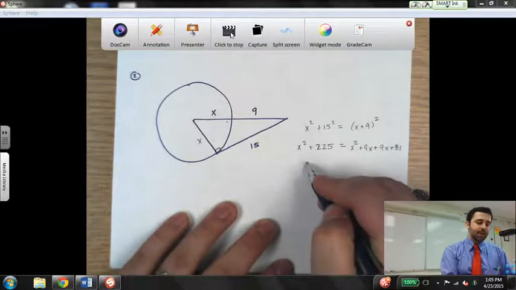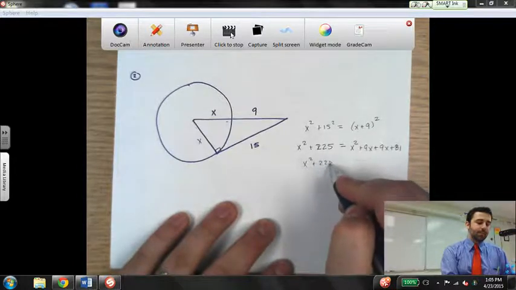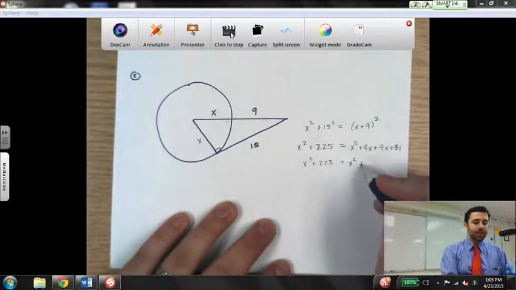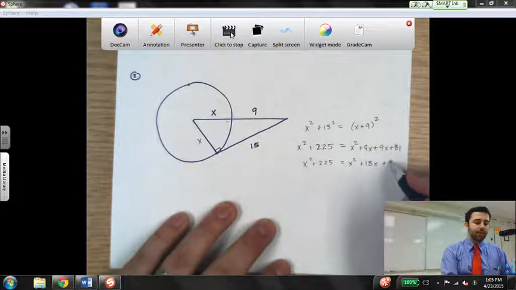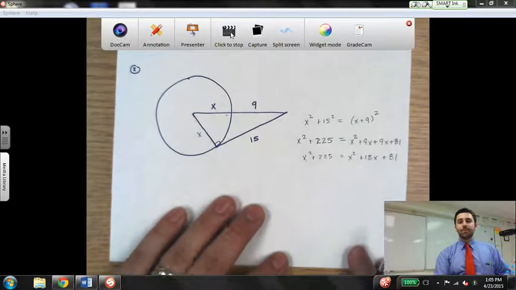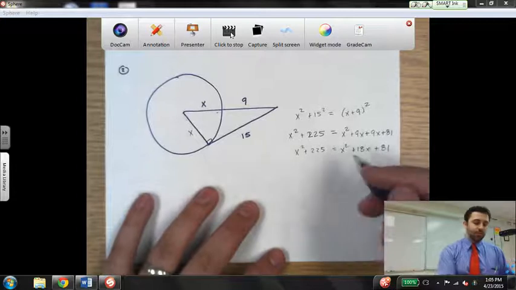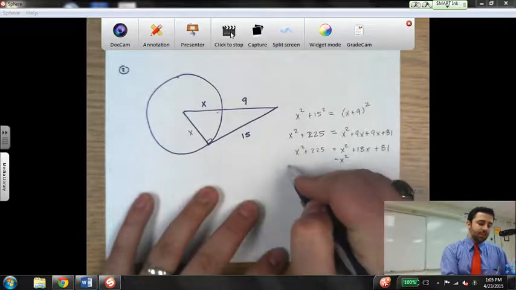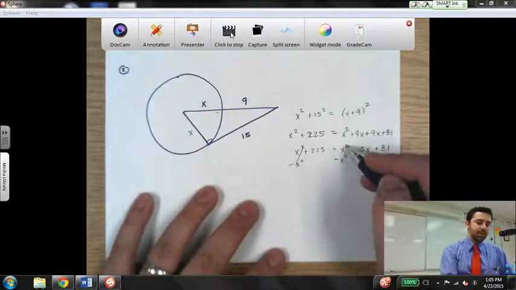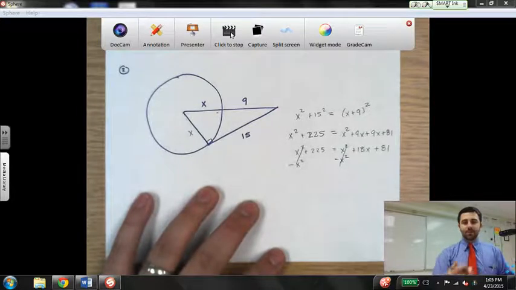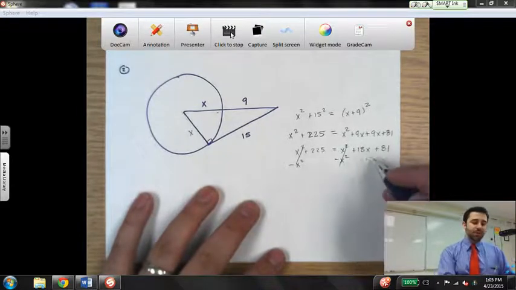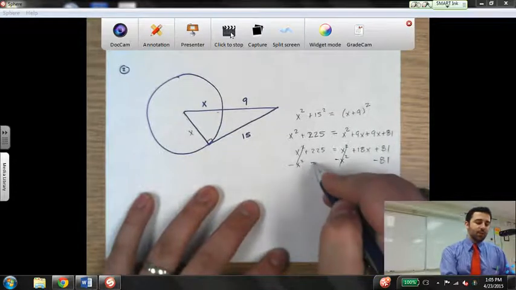My 9x's combine, and I get 18x plus 81. Now I'm going to begin to solve. First, let's subtract x squared on both sides, and we see that they cancel. Now I would like to get my x's on one side and my numbers on the other. The x already remains by itself on the right-hand side, so let's subtract 81.